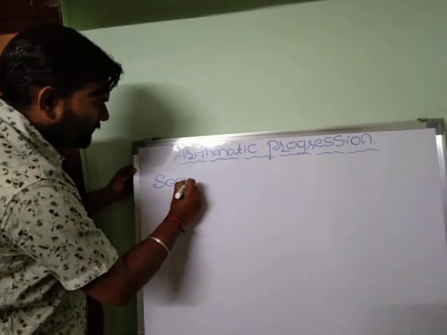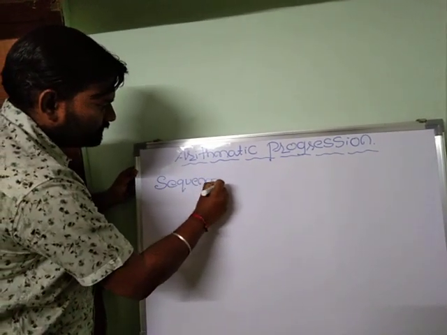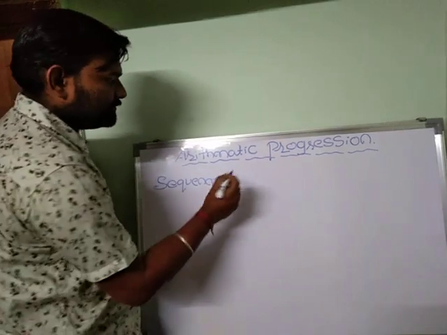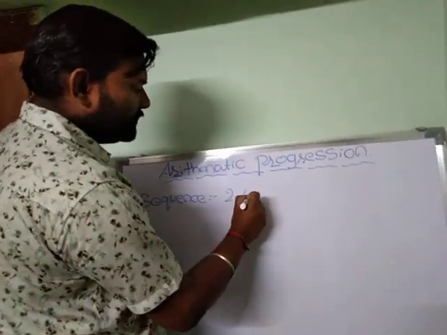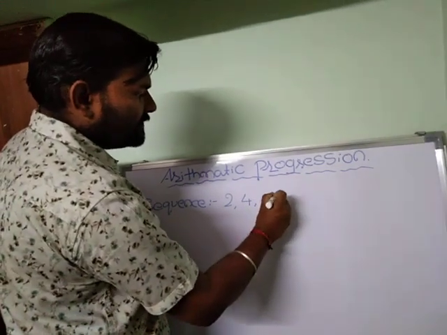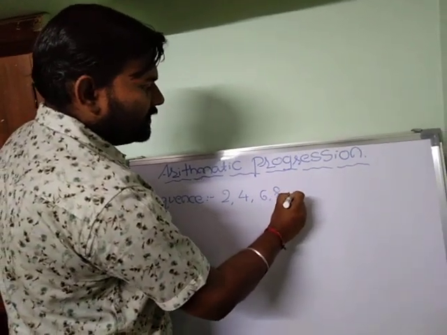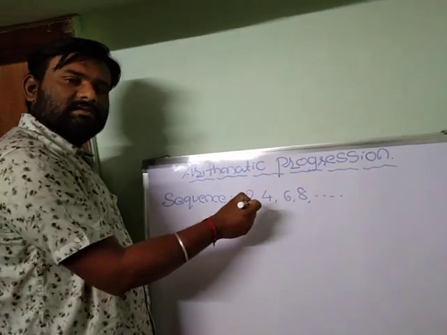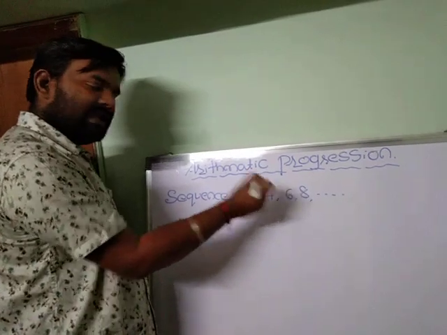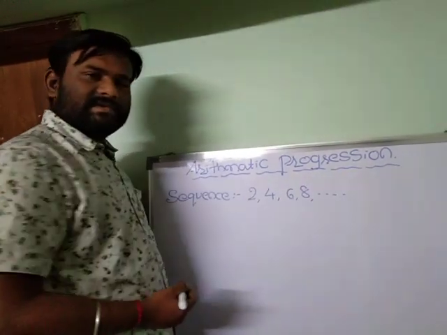So I write the sequence one more time here. I take an extra, simple example to explain: 2, 4, 6, 8. Then I leave this term. This particular sequence will help you to write the next numbers.